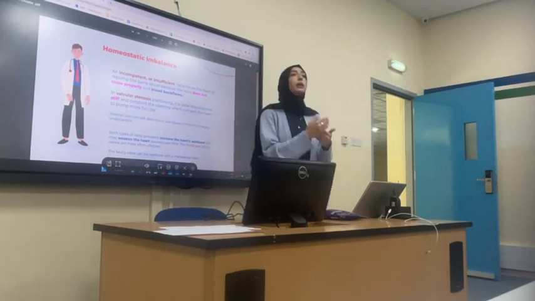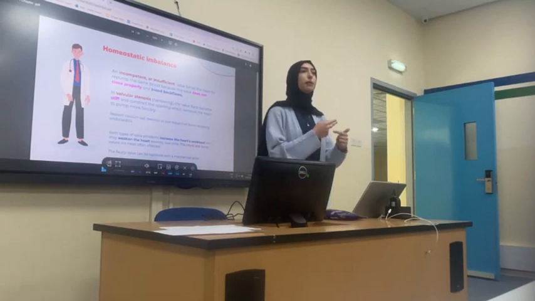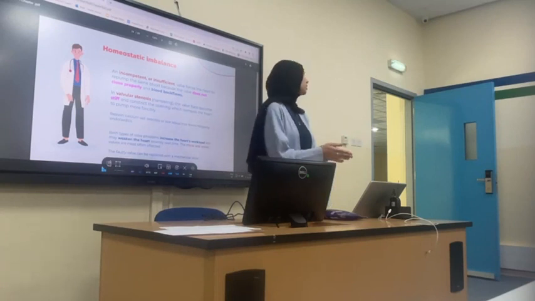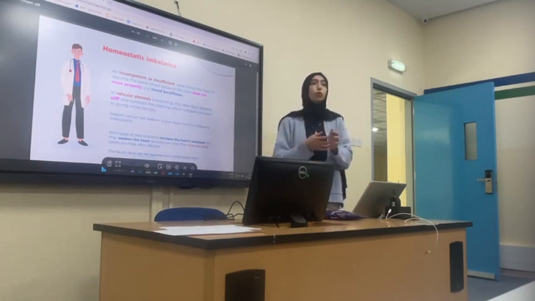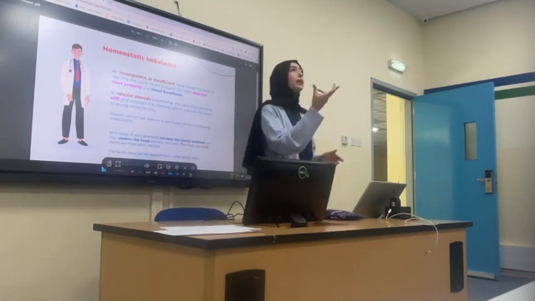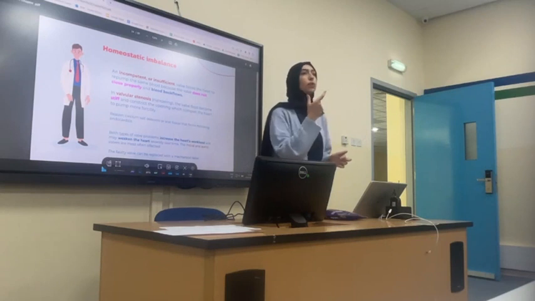So if we have multiple MIs, multiple myocardial infarctions, we will have non-contractile scar tissue, which can lead to muscle overload. Let's say I had an MI in the left ventricle. What's going to happen in the left ventricle?